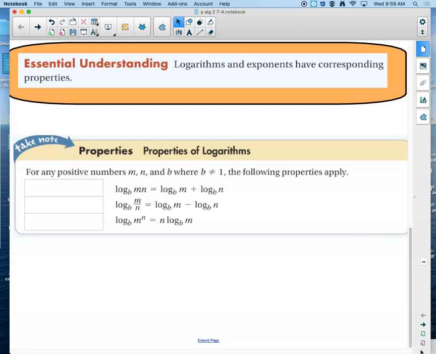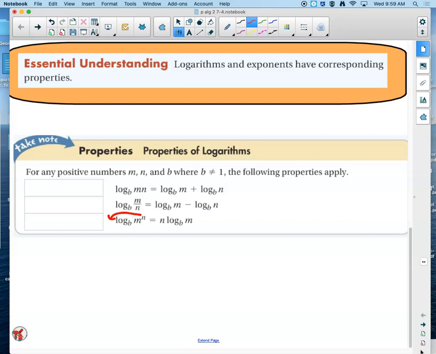And if logarithms tell us to divide, we have to change that to subtraction. If logarithms say, hey, raise this to a power, well, we have to multiply. And this one looks different because we bring the n out in front to multiply it.